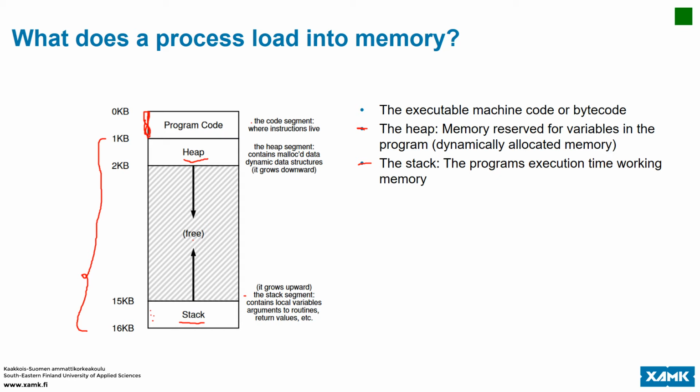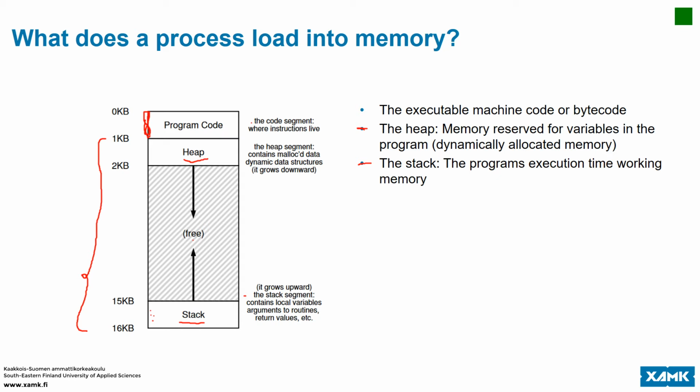So the program code, basically the code segment where all the program instructions live. But in addition to this, the operating system actually reserves some additional memory, some additional page frames. So it's everything all the way up to here. So you will notice there is something called a heap in one page frame, a stack in another page, and then there is a number of pages which yet remain unallocated.